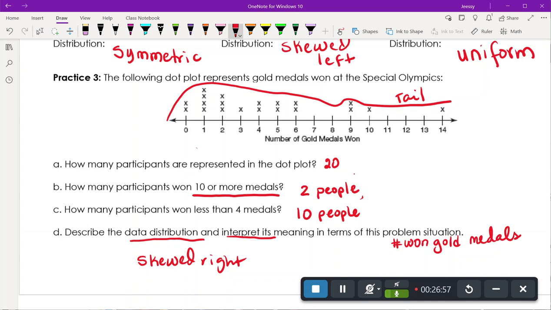Say it's harder to achieve or to earn more medals, right? It's probably more likely that somebody will win 1 medal, 2 medals, 3 medals, but not very likely that everybody's going to win 10 gold medals. Clear? That's why the data makes sense. That's why it being skewed right makes sense.